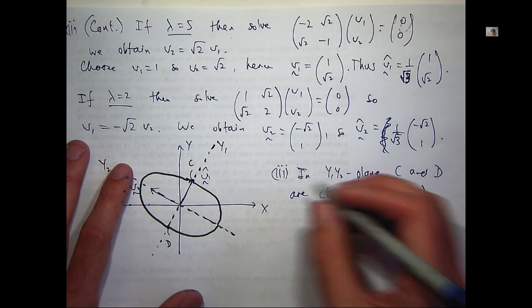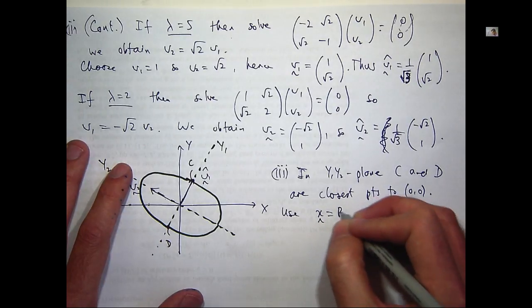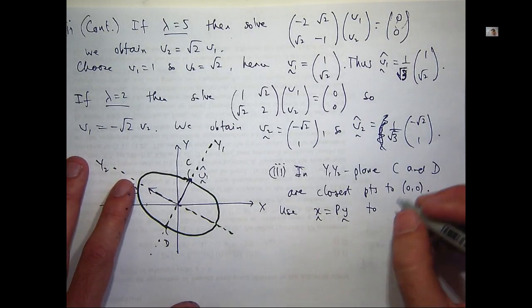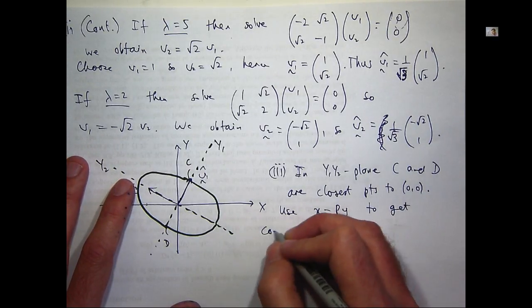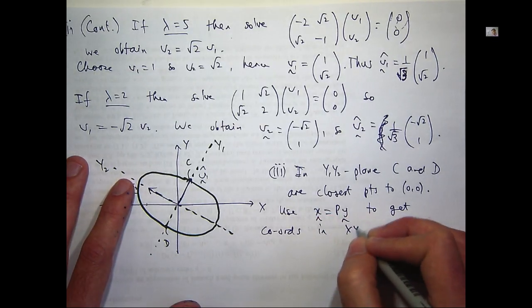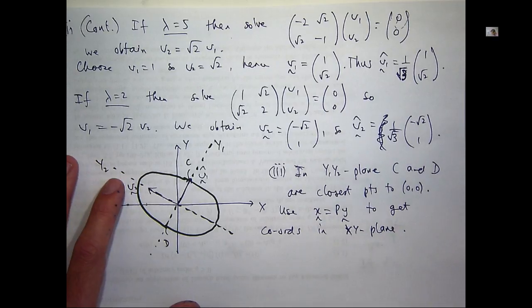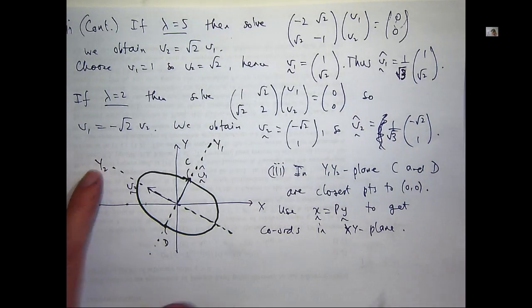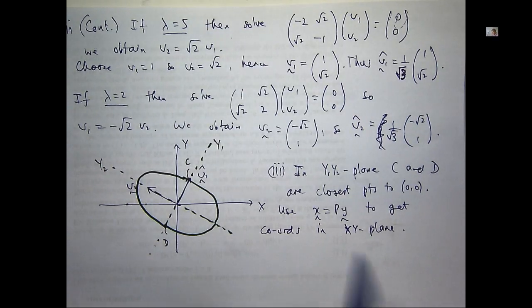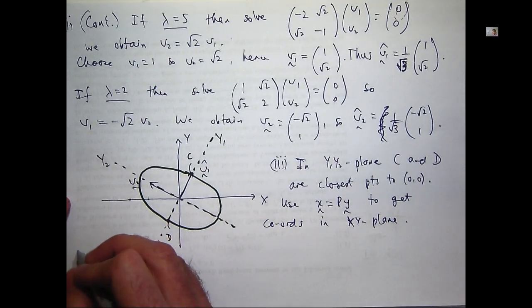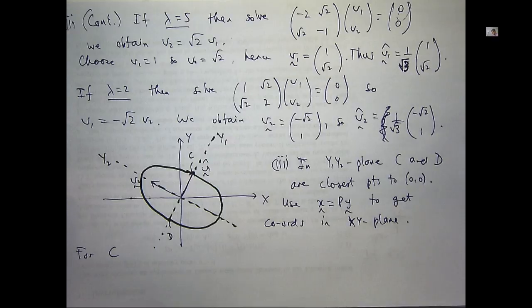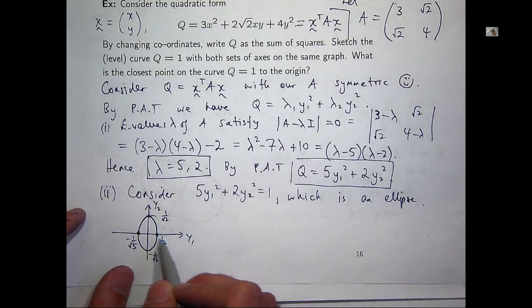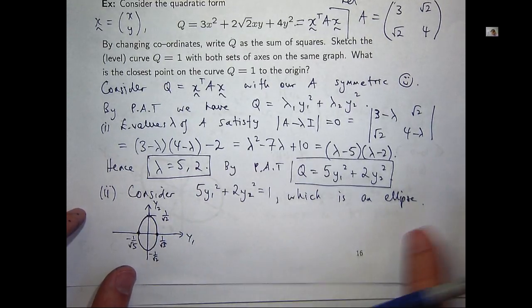Well, we use the following. It's essentially just matrix multiplication here. So say for the point C, in the y1, y2 plane, this will be the point 1 on root 5, comma 0.